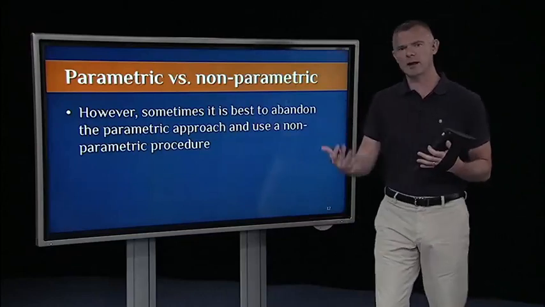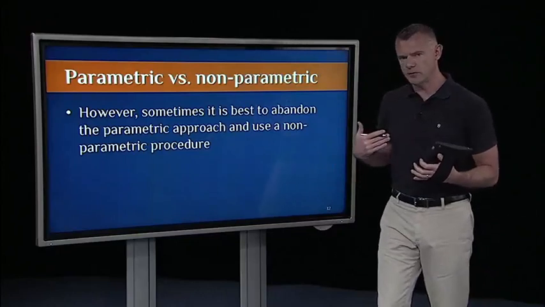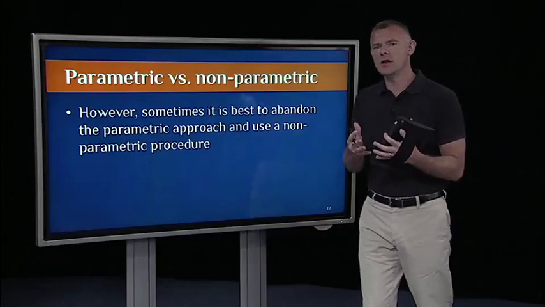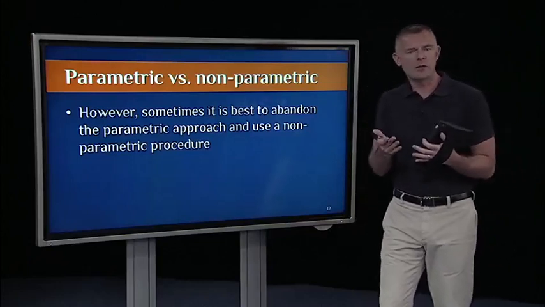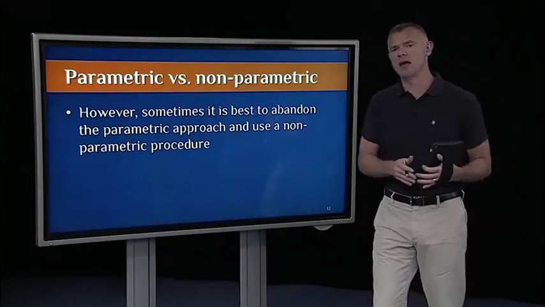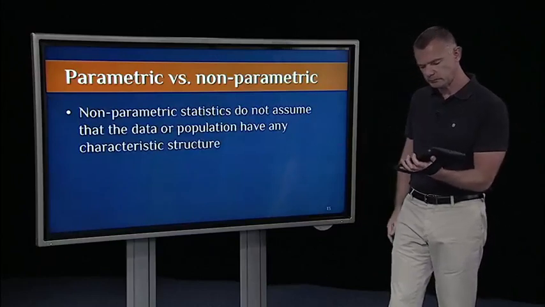That's why I'm just bringing it up here in the last week, just to raise consciousness about all the assumptions that go into the parametric statistics, and to let you know that there are alternative procedures available to you if you can't meet those assumptions. And those are called non-parametrics.